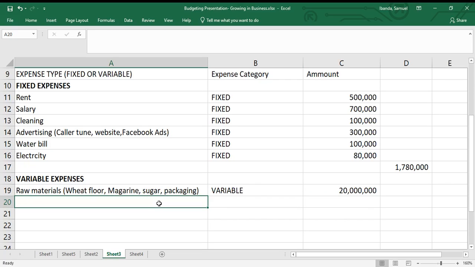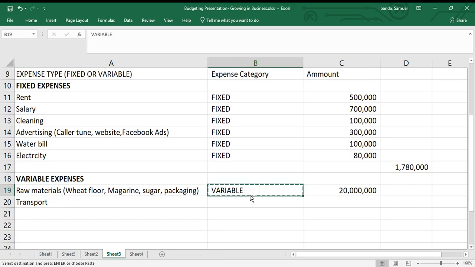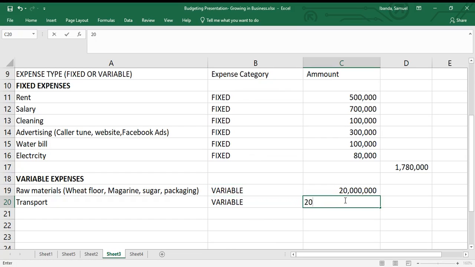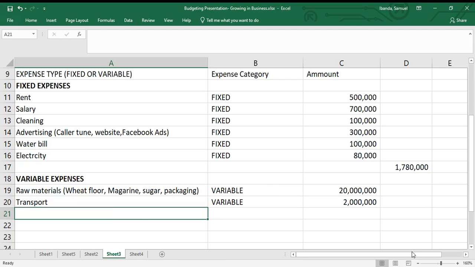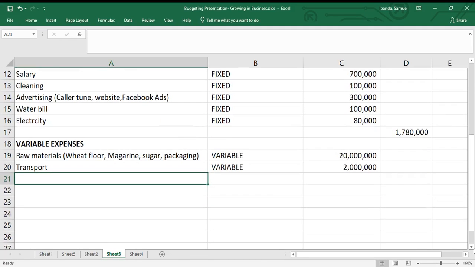And then you can get down to things like transport, because transport is also very important. This could also be variable, because you're going to deliver to those respective customers, and maybe you project to spend about 2 million on this.